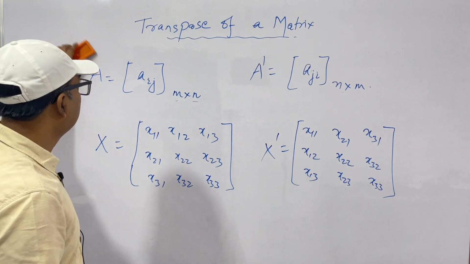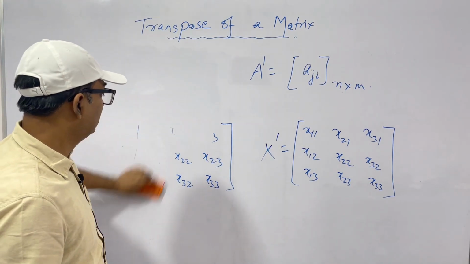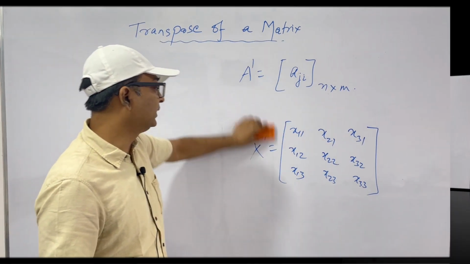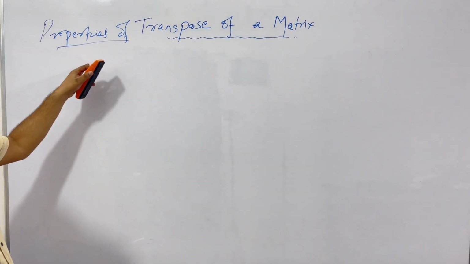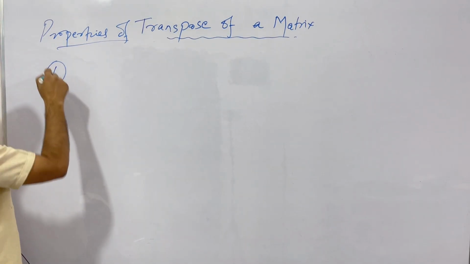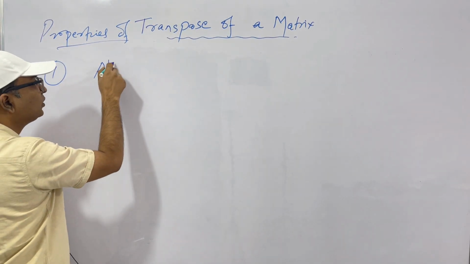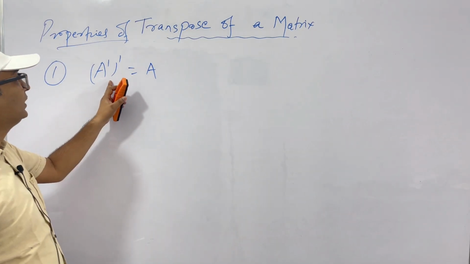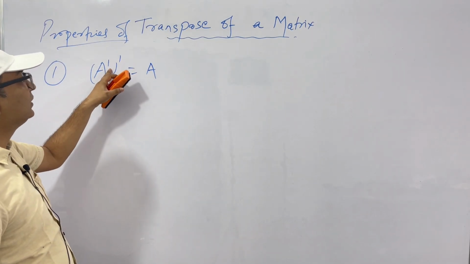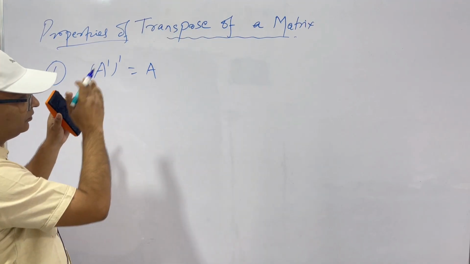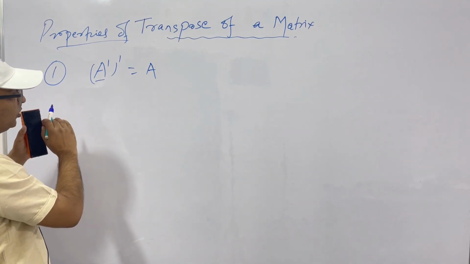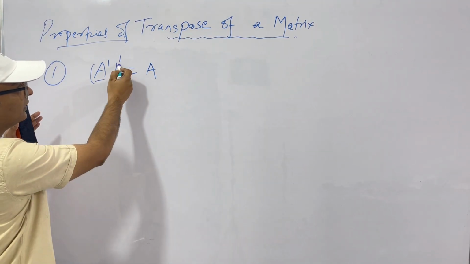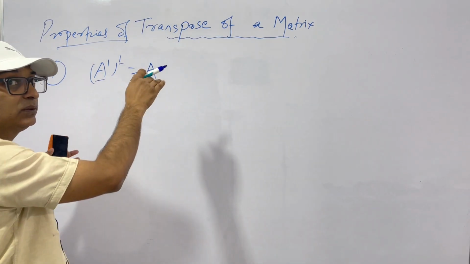Okay. Now let's see the properties of transpose of a matrix. First property is that the transpose of the transpose of a matrix is the original matrix. Obviously, because in the first case rows became columns, the second one will make those columns again rows.